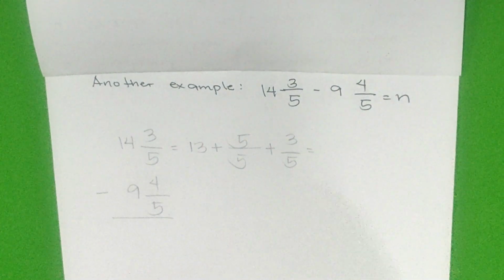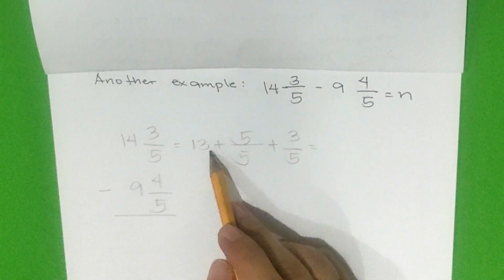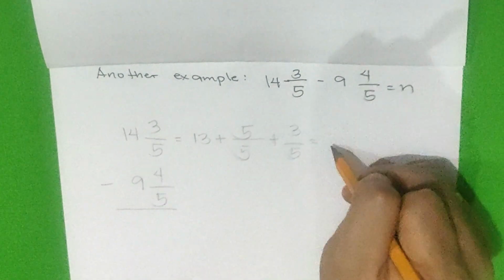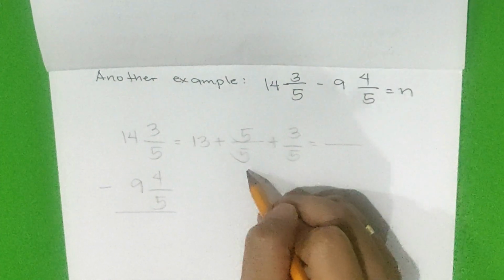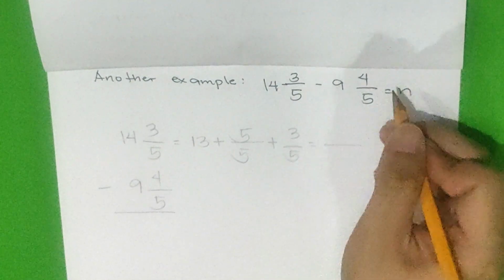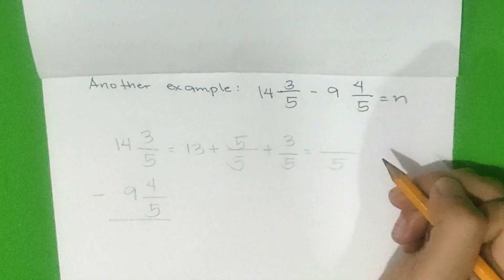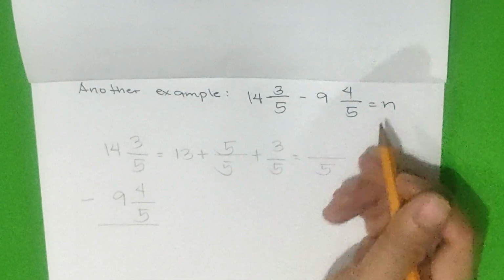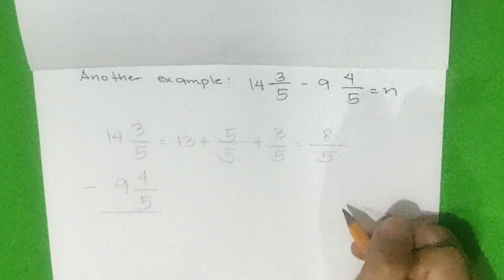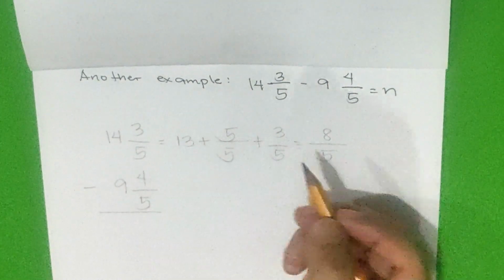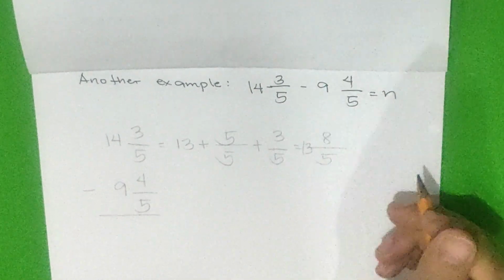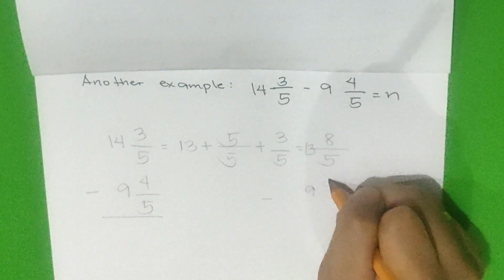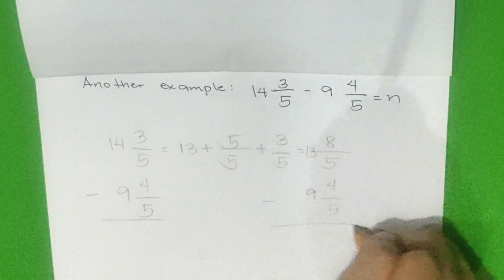And let's add them together. 13 plus 5/5 plus 3/5 is equal to, since our set of fractions are similar fractions, let's copy the denominator 5 and add up the numerators 5 and 3, which will be 8. Don't forget the whole number 13. And write our subtrahend 9 and 4/5.